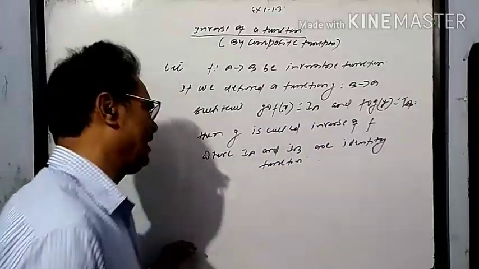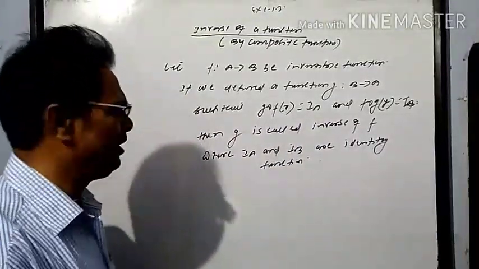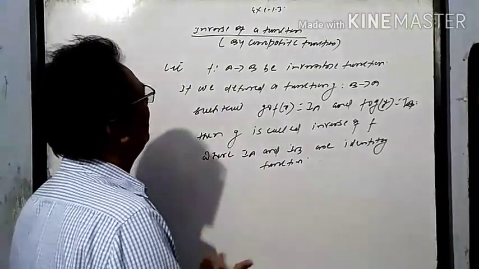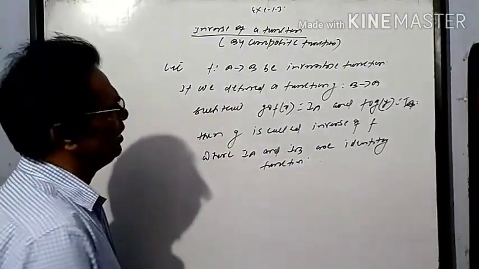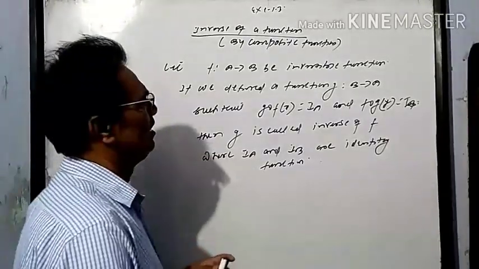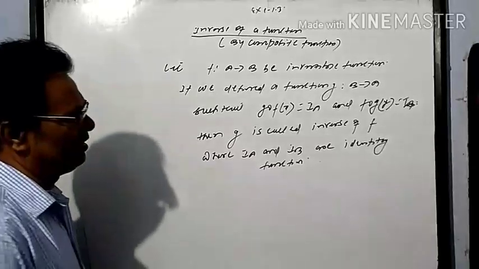That means I_A of x is equal to x and I_B of y is equal to y. So in another way, we can also find the inverse of a function by composite function.